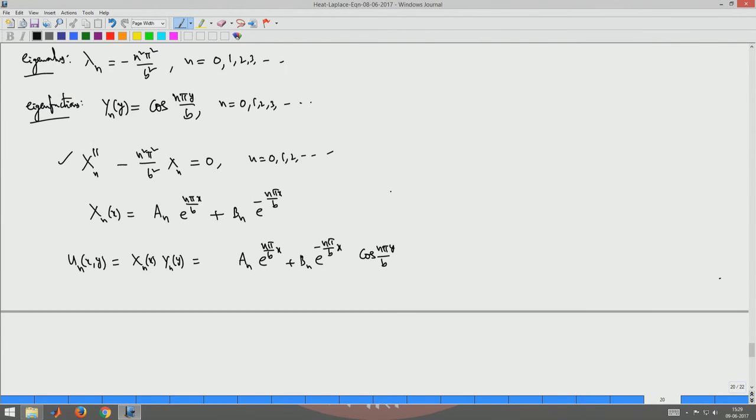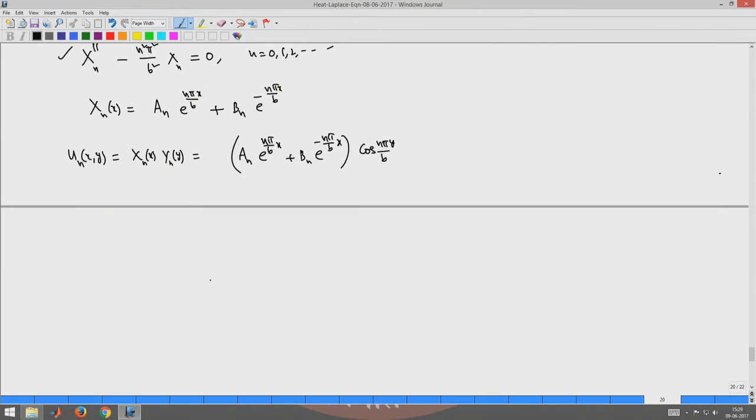Here in y n I can also include some other constant C n. If I write C n into cos n pi y by b, then C n a n will be one arbitrary constant and C n b n will be another arbitrary constant. The product of two arbitrary constants is still one arbitrary constant, so you can consider only 1 here. So, this is the solution for each n.